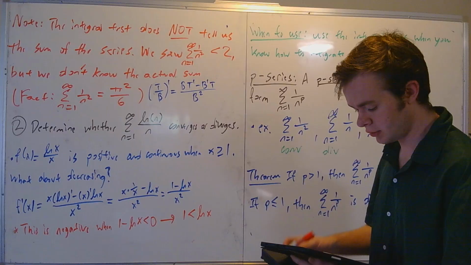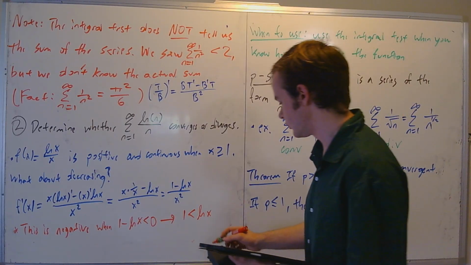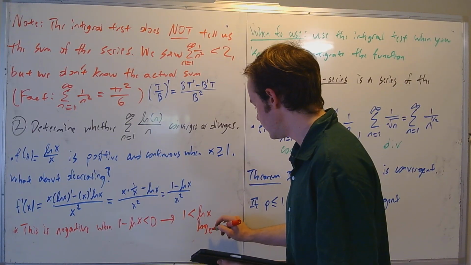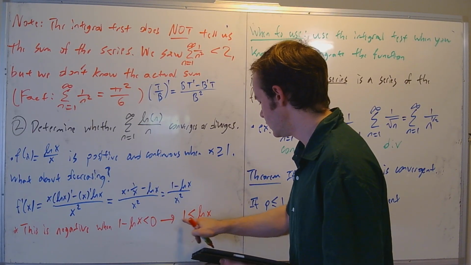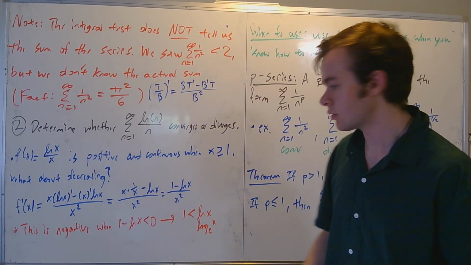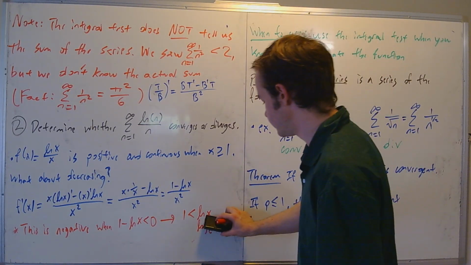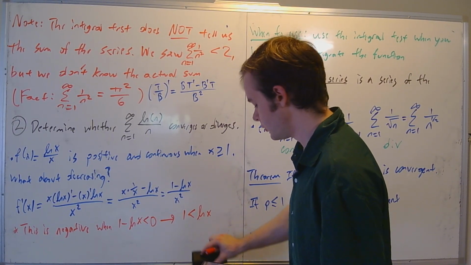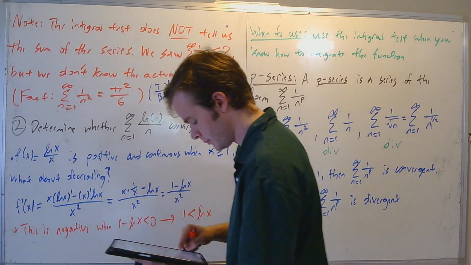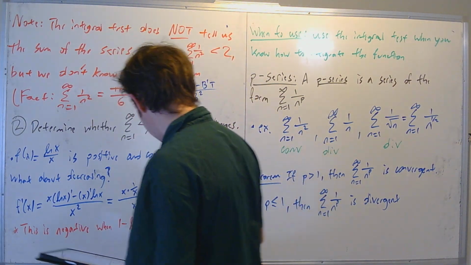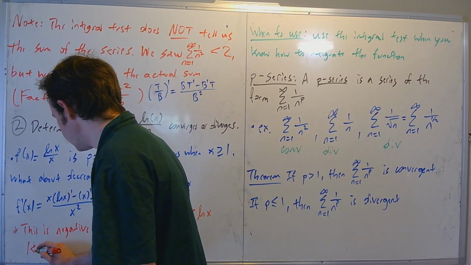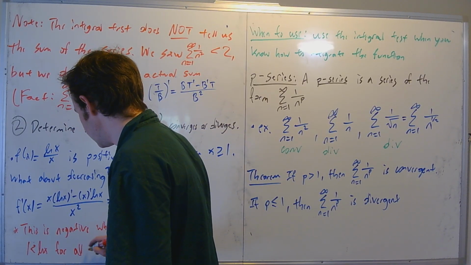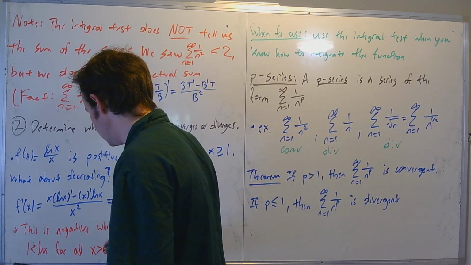So x is e. That's what I meant to say. So this is, again, log base e of x, so e to the power of 1 gives us x. So x is e. I jumbled the explanation a little bit there, but I'll say here that 1 is less than natural log of x for all x greater than e.